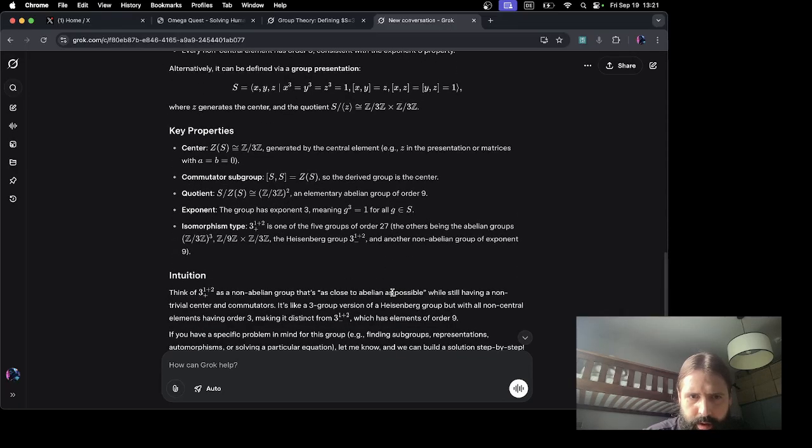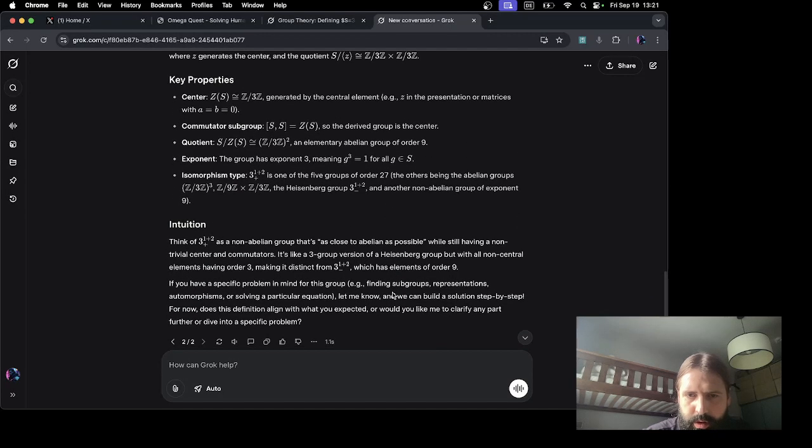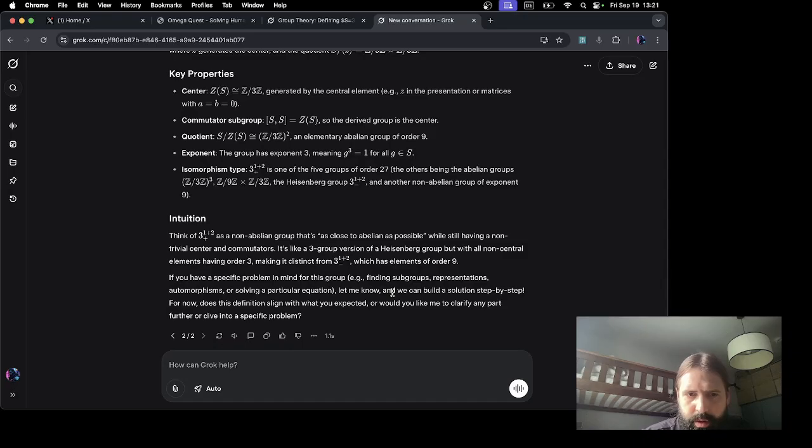Key properties, intuition: it's a non-abelian group that is as close to abelian as possible while still having a non-trivial center and commutators. It's like a 3-group version of the Heisenberg group, but with all non-central elements having order 3, making it distinct from the one with element order 9. Yeah, exactly.